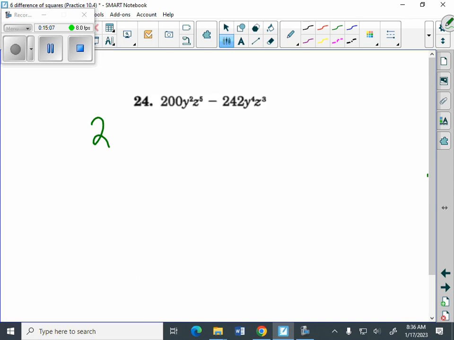We have a y to the 4th in the second term. And when we're finding the greatest common factor of variables, we're dealing with the smallest exponent. Between z to the 5 and z to the 3, we want the smallest exponent, which is z to the 3rd, also known as z cubed.